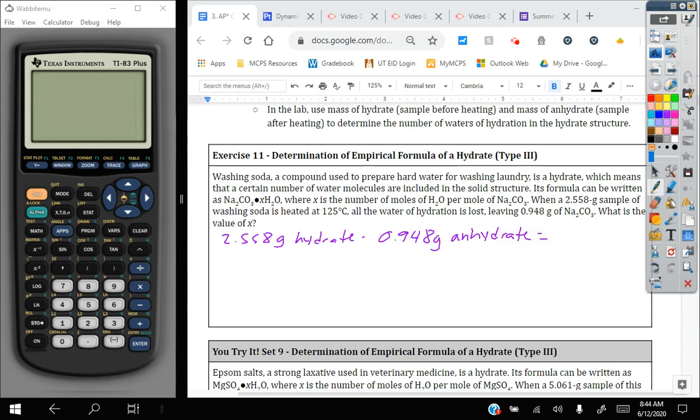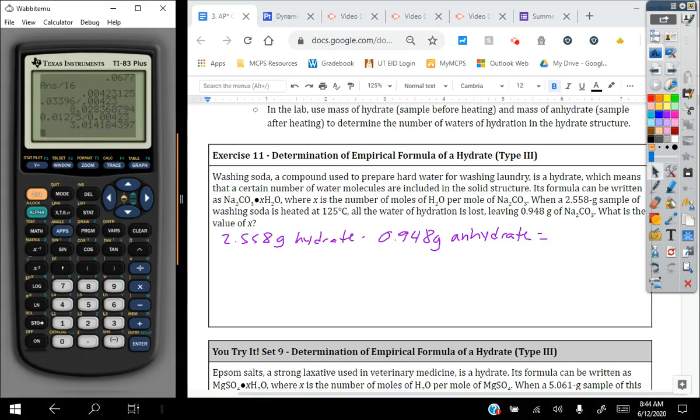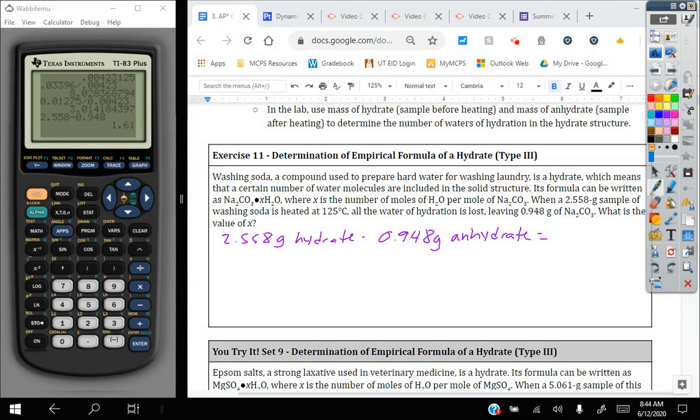And what that will give us is the mass of water. So 2.558 minus 0.948 tells us that the mass of water that was driven off is 1.61 grams. And when I say driven off, that is the water that's lost due to heating.